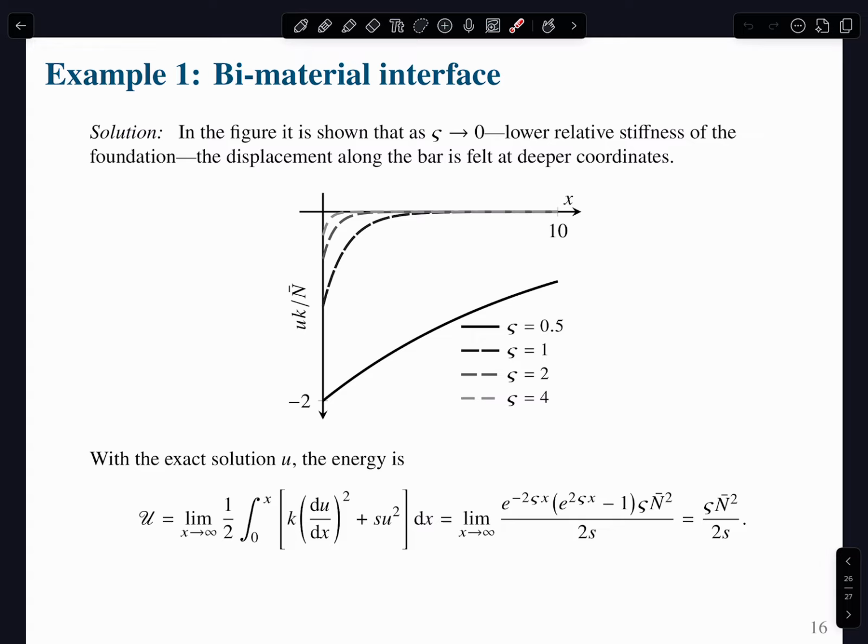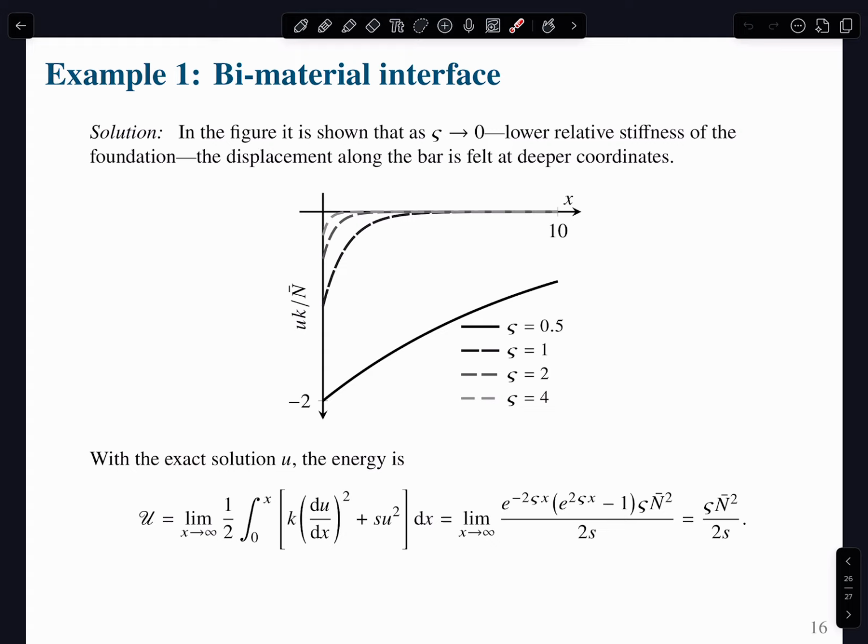But what I wanted to show you a little bit is what happens when you look at different ratios. Here I'm plotting, at a length x equal to 10, different solutions for different values of that constant sigma. Remember that sigma was related to the ratio between S and K. As S goes to 0, the stiffness we use to constrain the bar is smaller compared to the stiffness of the bar.